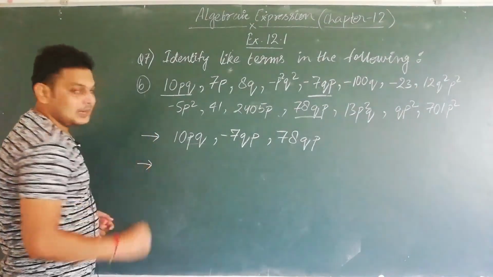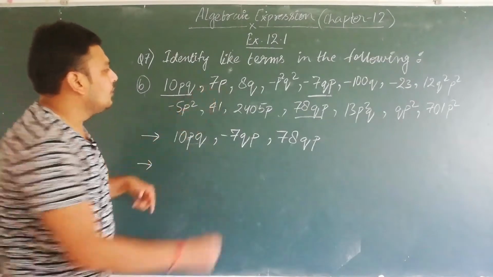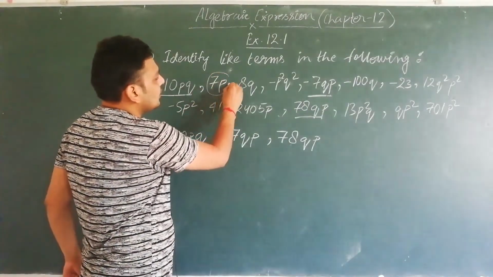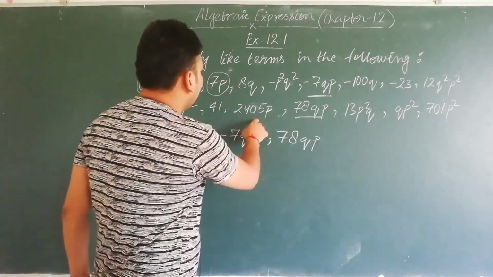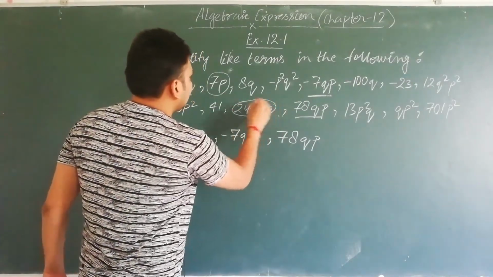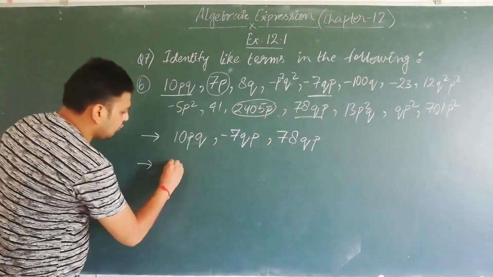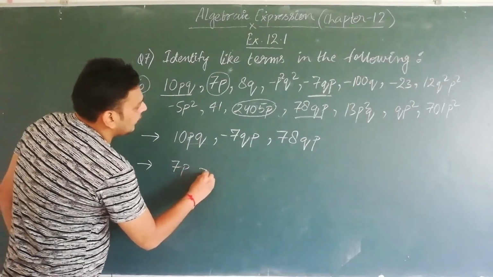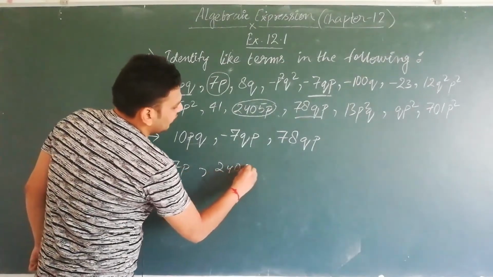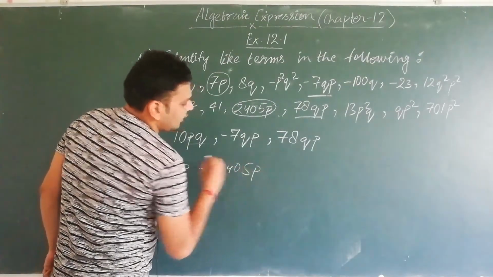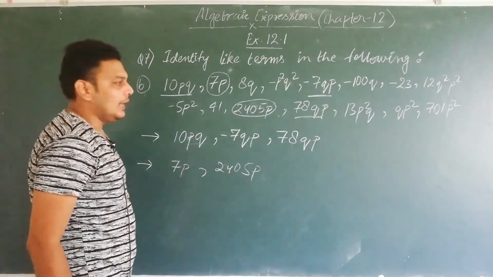Moving to second like term, 7p means we have to find terms having variable p. Okay, this is similar to 7p, only two terms, 7p and 2405p. These two are like terms.